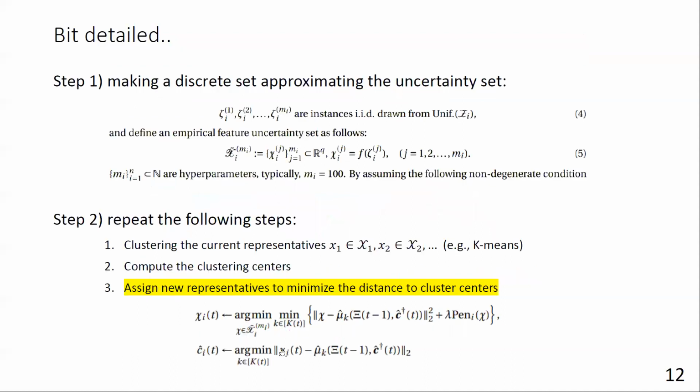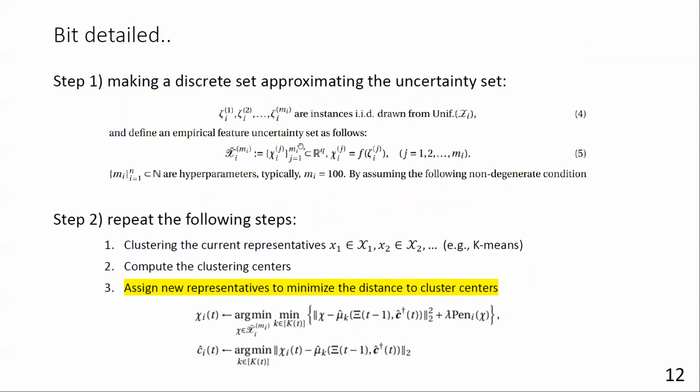Okay, this slide shows a more rigorous procedure. In our first step, we make a discrete set approximating the uncertainty set. This one is simply obtained by generating some instances of covariates and applying the nonlinear transformation F to the covariates to obtain features.